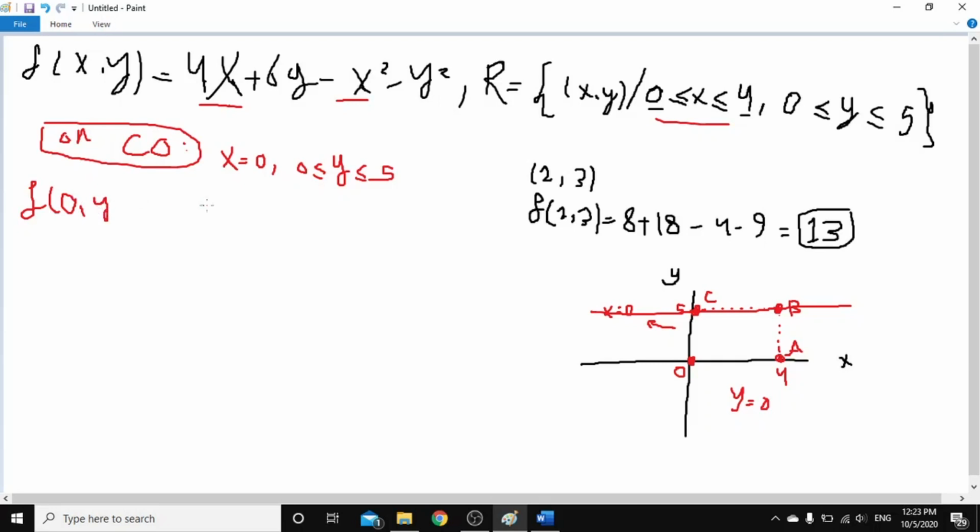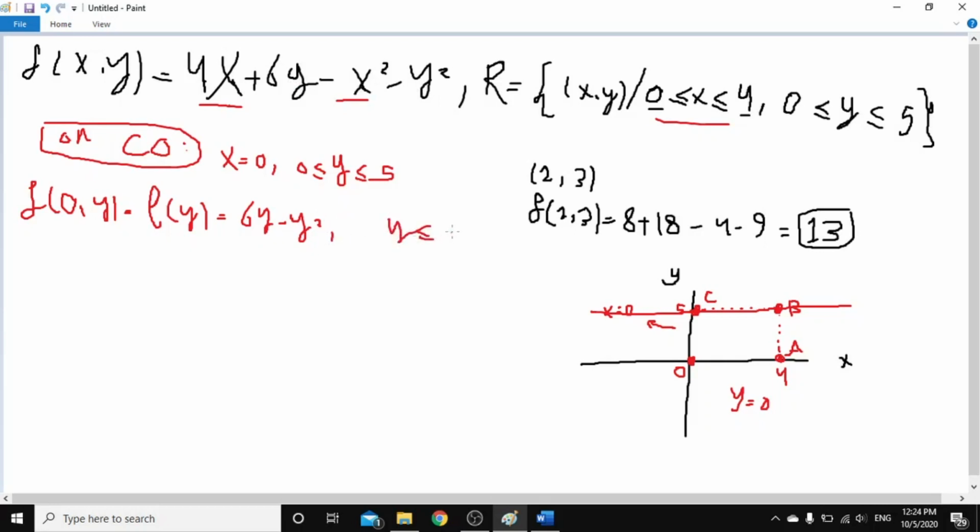We wrote 0 because x is equal to 0 here, and let's name this equation, for example, L. So L of y is equal to 6y minus y squared. If you put the 0 in for x, the x cancels, so what's left is 6y minus y squared.